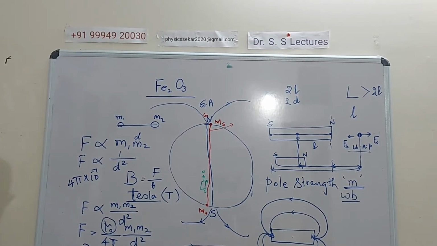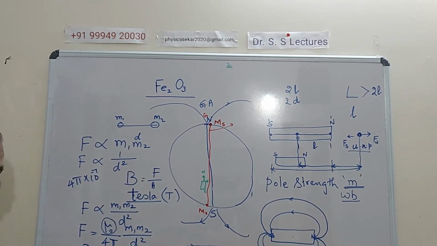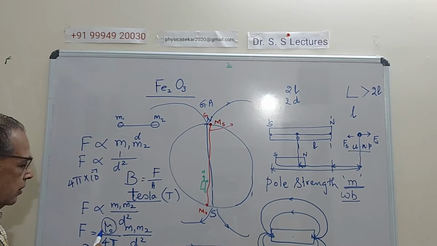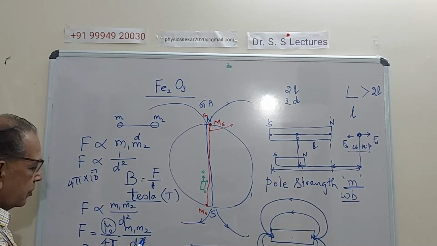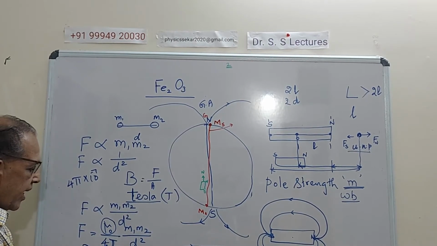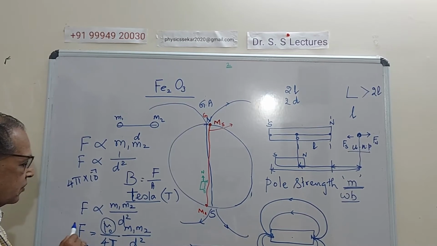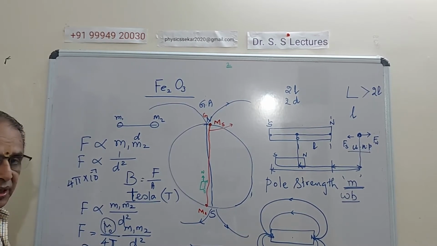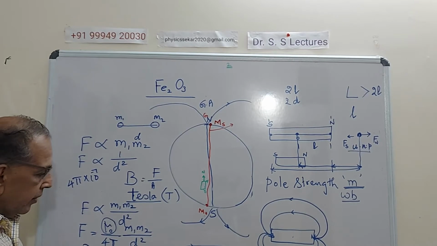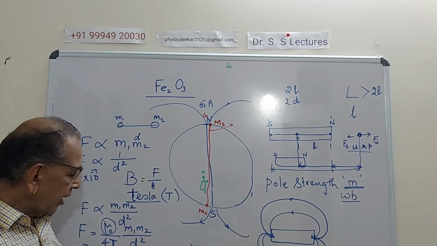This mu r is a number, just a ratio; it cannot have any unit, but mu has a unit. It is a physical constant. So F equals mu 0 into m1 m2 divided by 4 pi d square. This forms the basic structure. Now, as I told you earlier, take this multiple choice question.